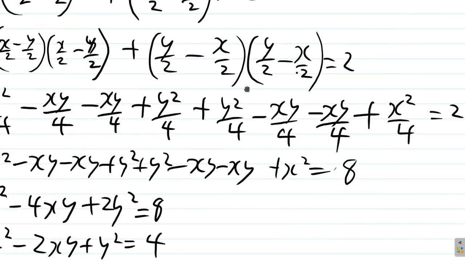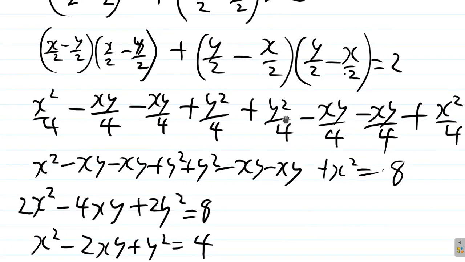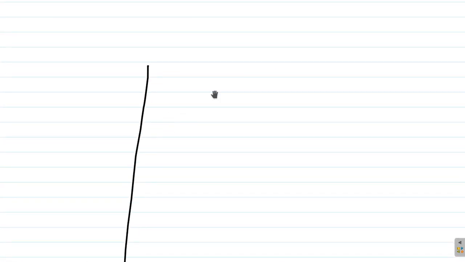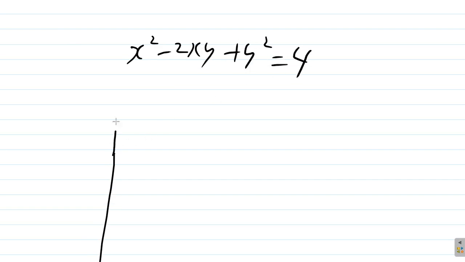Alright, so what we have here: x squared minus 2xy plus y squared equals 4. The left hand side looks like a quadratic expression in y or a quadratic expression in x.